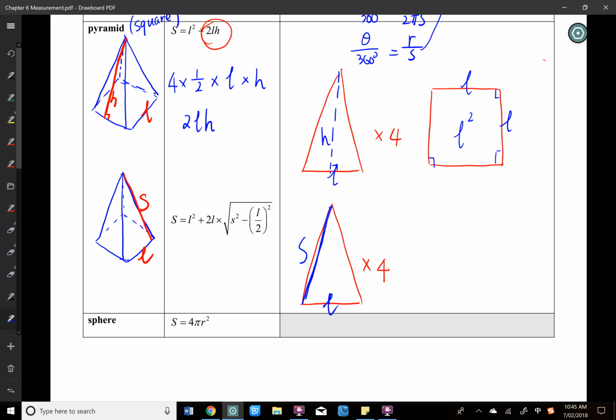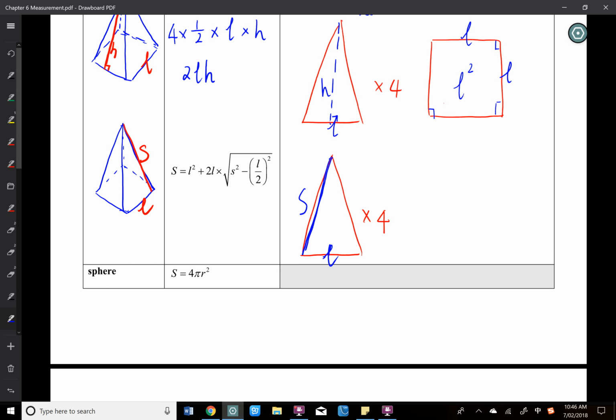What can we do to find the height? Anyone got any idea? Or you can see from the formula why there's such a complicated formula. Yep, it's Morgan. Pythagoras. So how can you use Pythagoras? Do you mean draw the height first? Yep, draw the height.